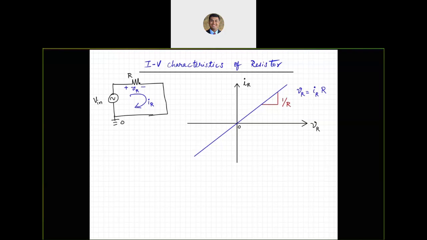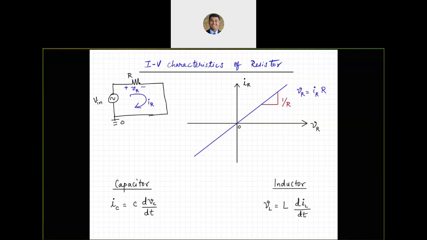Now, if we talk about a capacitor or even an inductor, those relationships were not linear. They were not as straightforward. So, just to get a sense of a comparison, for the capacitor, the current through the capacitor was related to the voltage across the capacitor using the differential equation I equals C dV/dt. And for the inductor, the voltage across the inductor was given by L di/dt.